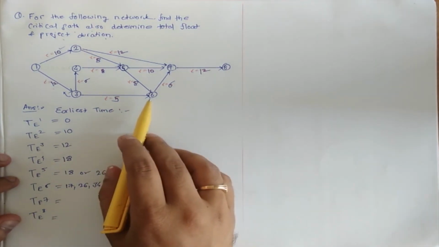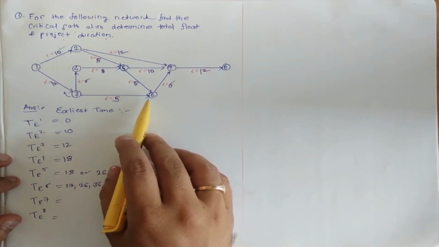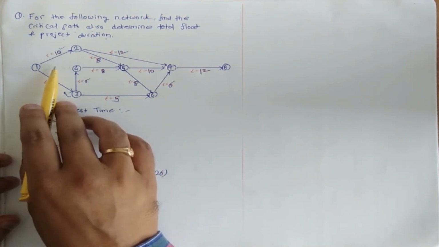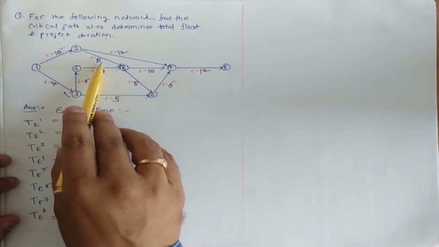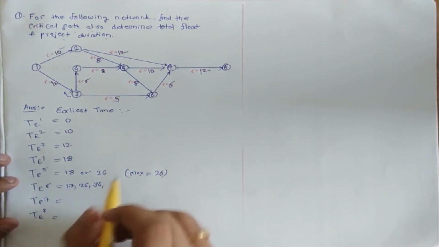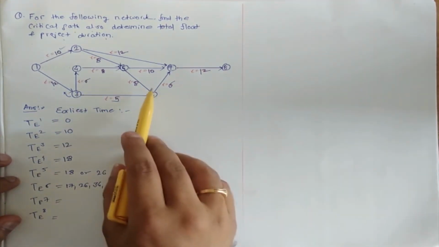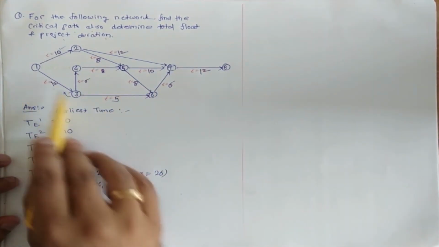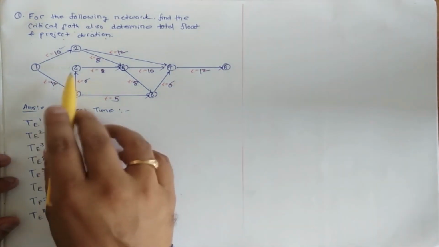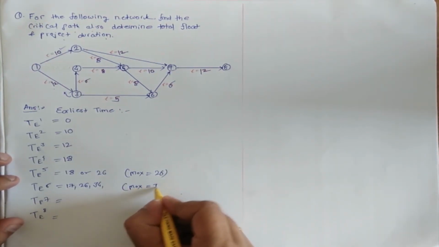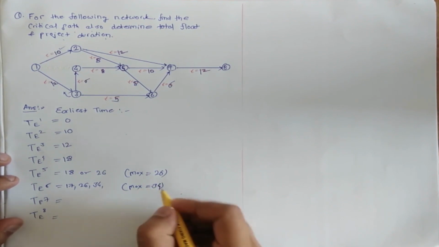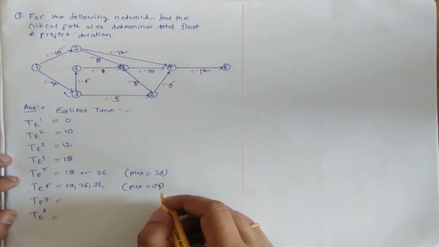We have covered this route: 10 plus 5, 17, we have covered 26. So the maximum will be 34.